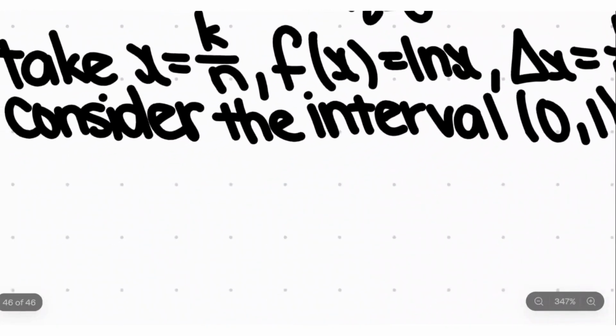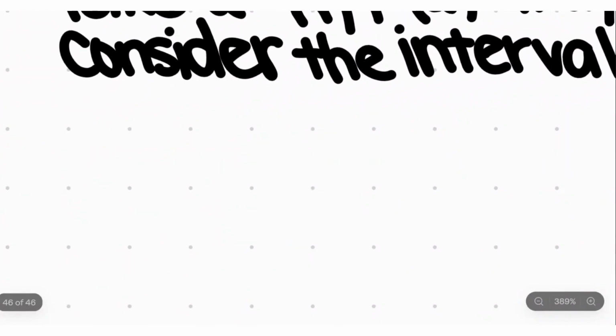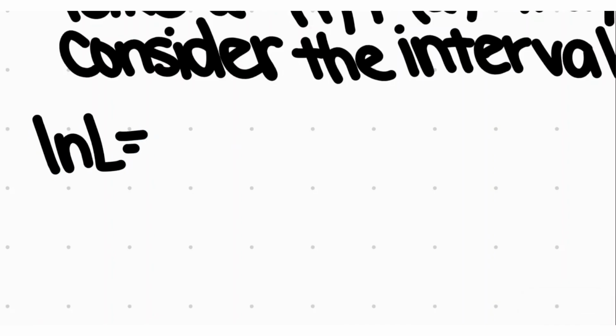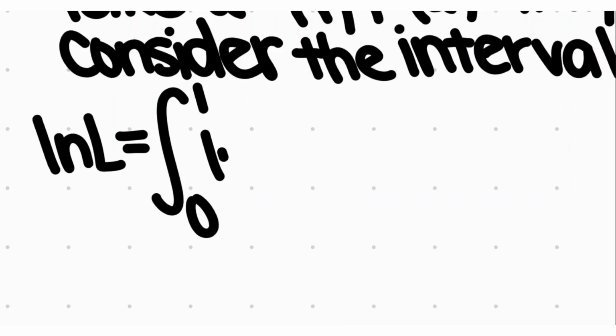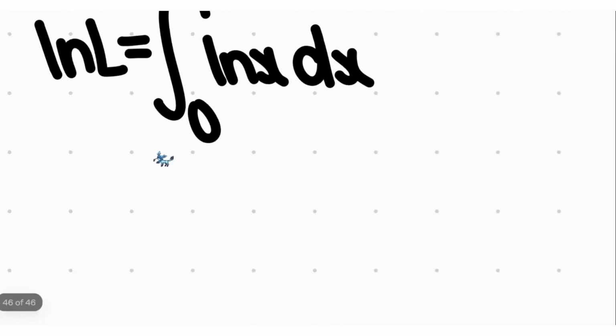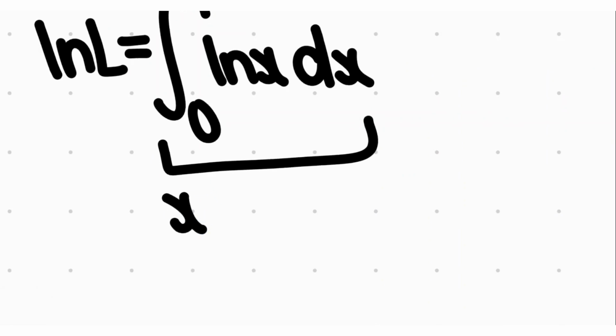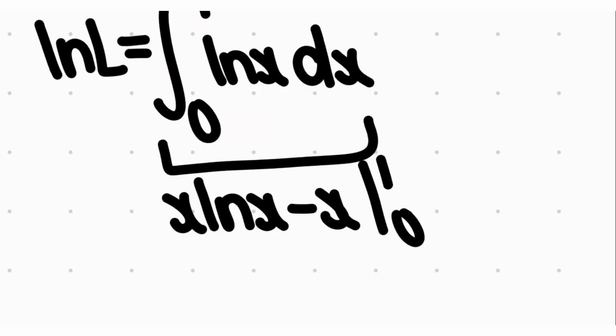So we can just rewrite the natural log of L as the definite integral from 0 to 1 of natural log of x. And if you didn't know, this is just equal to x times natural log of x minus x, evaluated from 0 to 1.